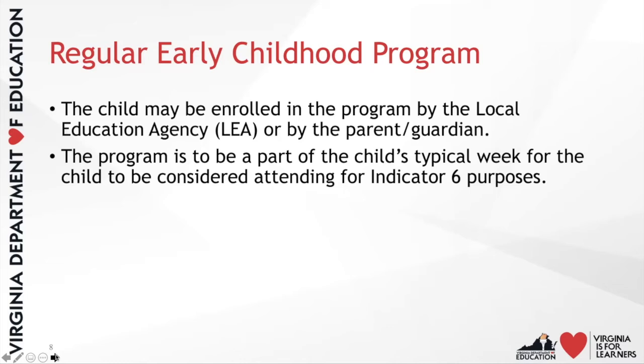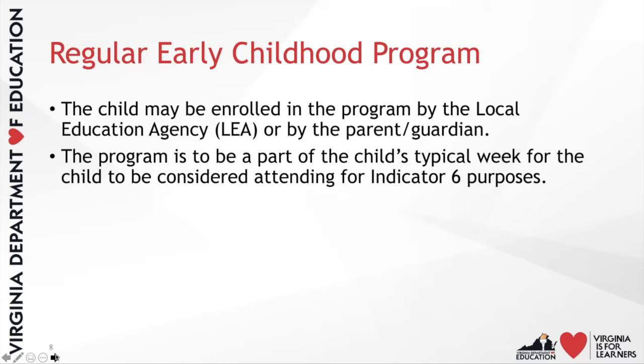When determining the amount of time a child attends a regular early childhood environment, the total is to include both the hours per week the child is in a regular early childhood program placement as determined by the IEP team, and the hours per week that the parent has enrolled their child in a regular early childhood program.